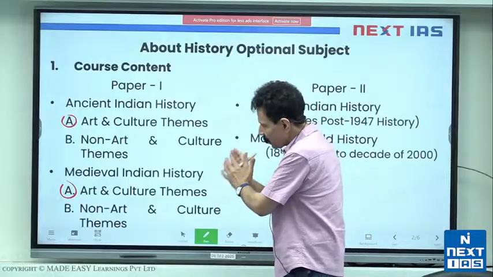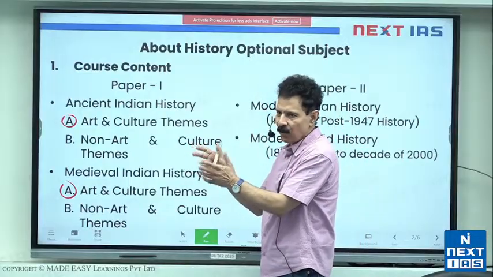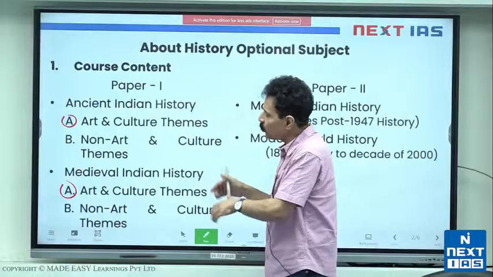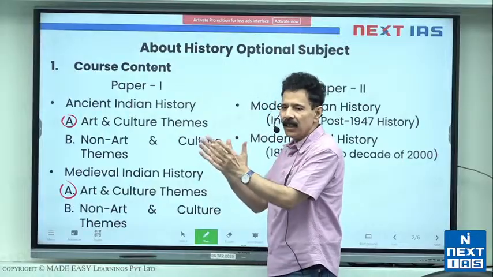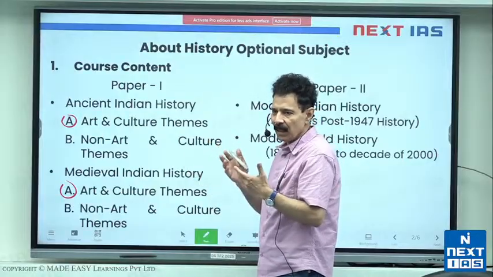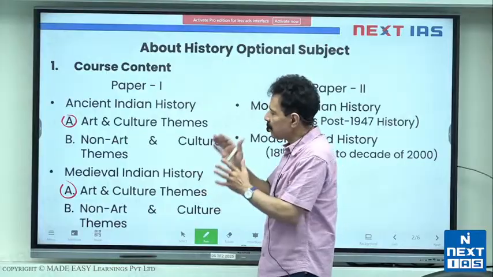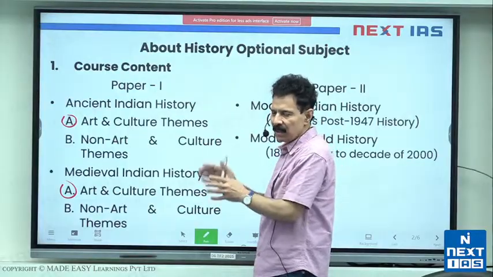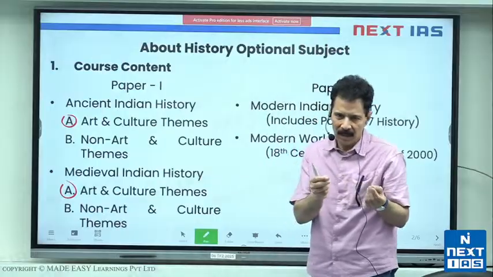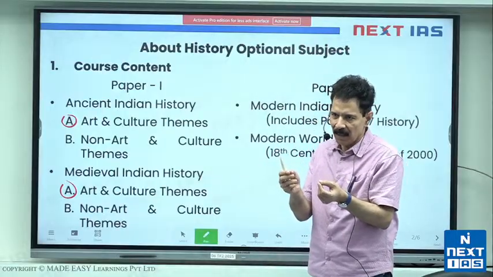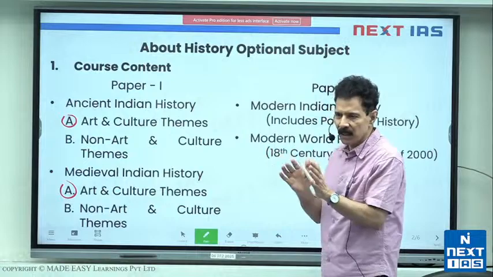So you can separate it. You can use here in history optional. You can use this in GS Prelim and GS Main as well. And this is the bulk. After this, just a little bit of things are required related to modern India. Otherwise, this is almost complete for GS.